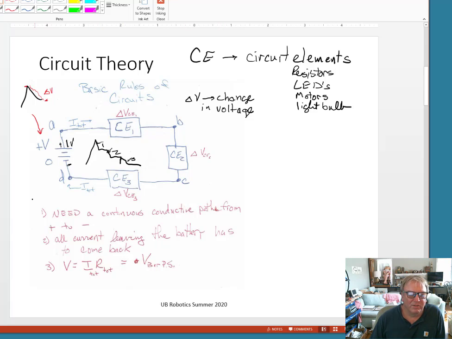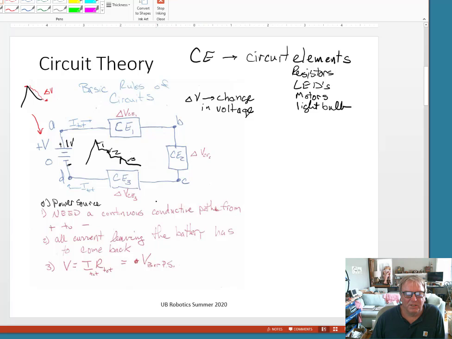So of course, one thing that's not on this list is we need some kind of power source, which is a battery or a power supply. We'll be using batteries. And to make a circuit, we need a continuous conductive path.